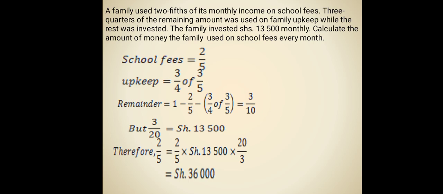Now, if it means the remainder, you relate 2/5 of the income to the remainder, 3 over 10. Multiplying by 13,500, you get that it is 6,000 shillings. So 2/5 is what the family has been spending on school fees. So it has been spending 36,000 on school fees.